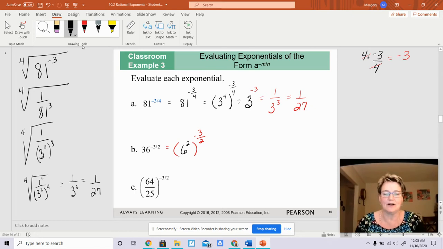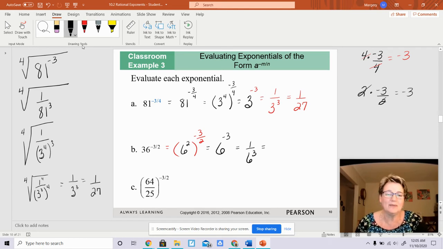Now, first of all, when you raise a power to a power, you multiply the exponents. So 2 times negative 3/2. Again, the 2's cancel out, and you're left with negative 3. So 6 to the negative 3 power. We cannot have a negative exponent, so we're going to put it under 1.